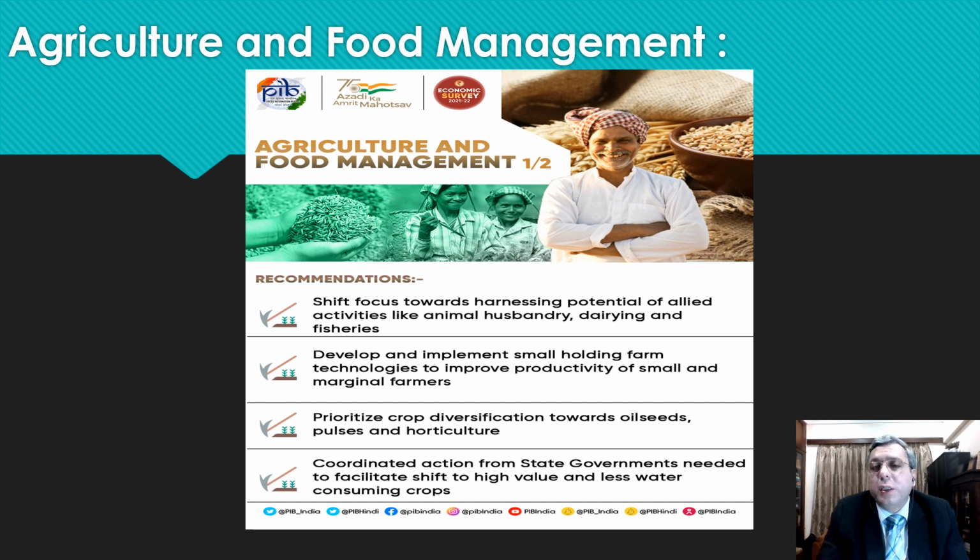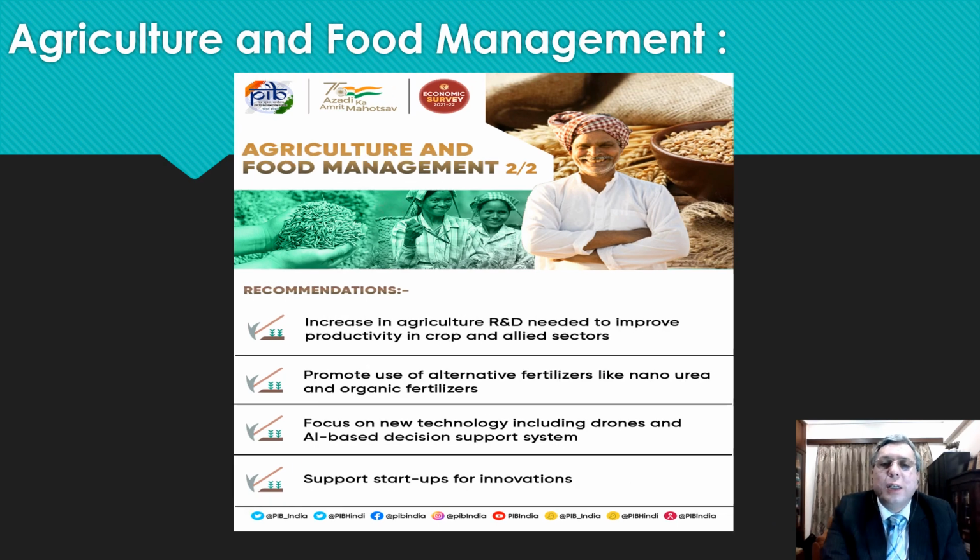Pulses have been largely controlled by the government by very efficient policies, and horticulture, which can be then exported out. Coordinated action from state governments needed to facilitate shift to high value and less water consuming crops. So, very high water consuming crops are actually, you're giving a subsidy to the consuming nations by using your water resources to grow crops which are eating up a lot of the water resources which are very limited in the country.